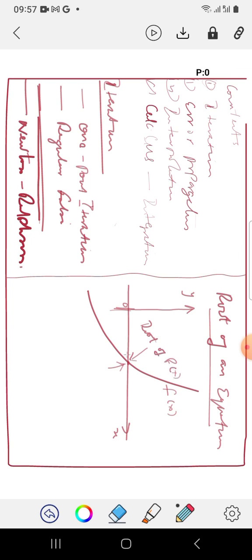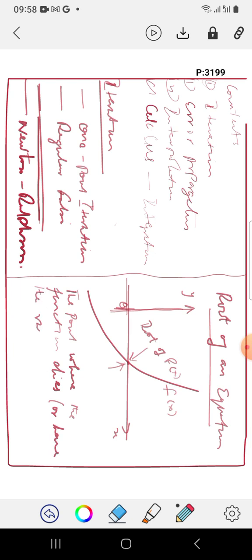What does it mean? It means that at this point, the value has a value of what? 0 on the y-axis. That is the point where the function dies, or has the value 0. That is called the root of an equation.